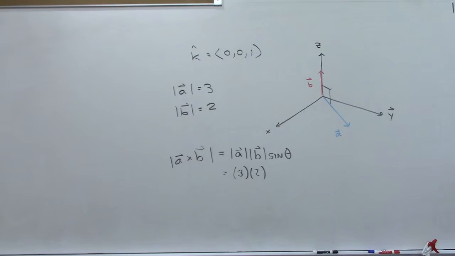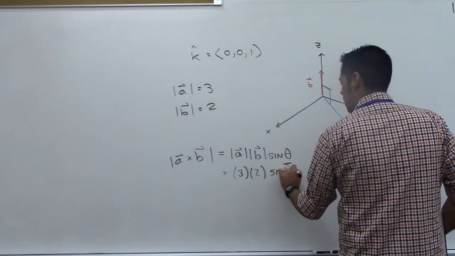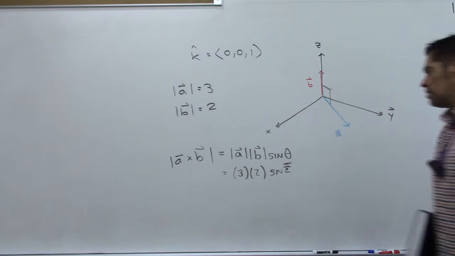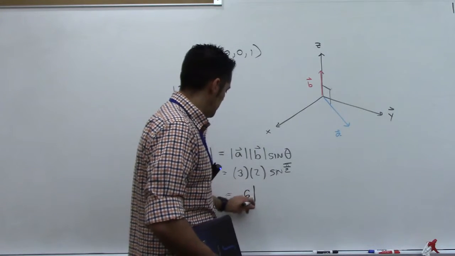It's 90 degrees. So that means we need sine of pi over 2, and sine of pi over 2 is 1. So your answer is just 6.